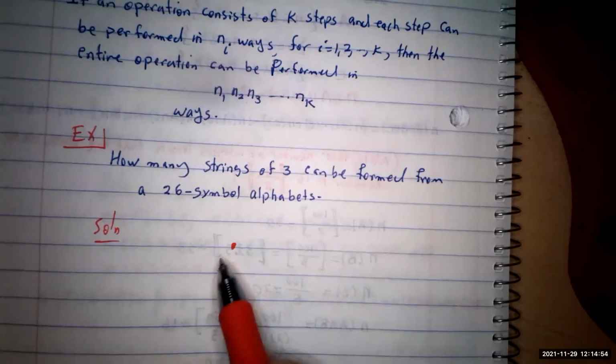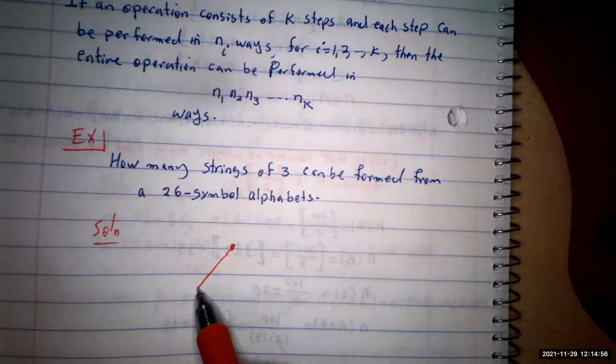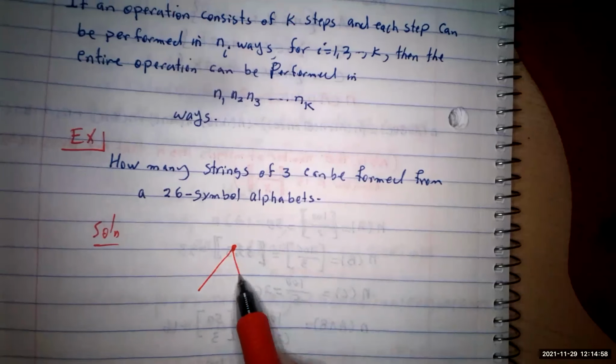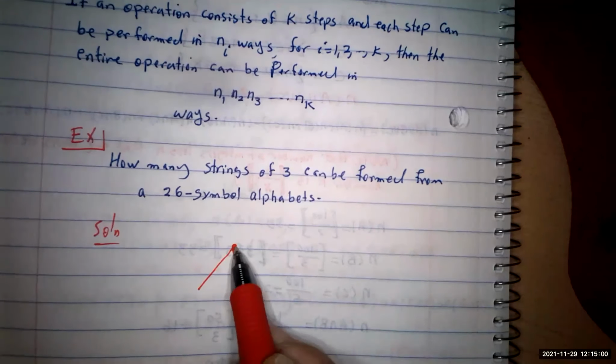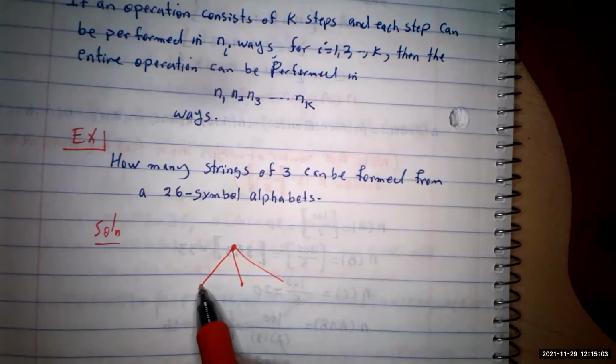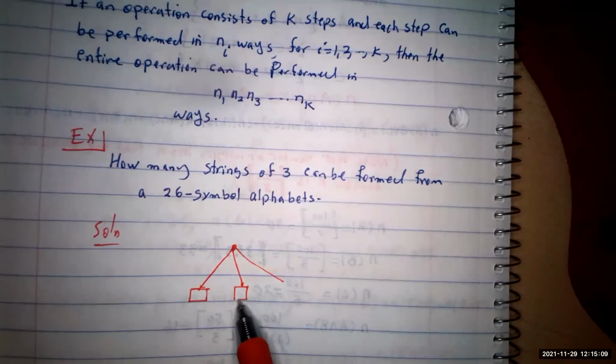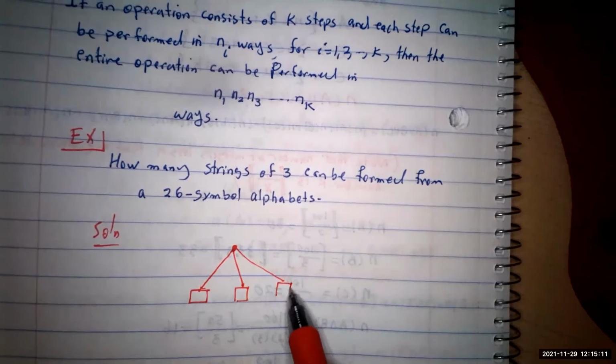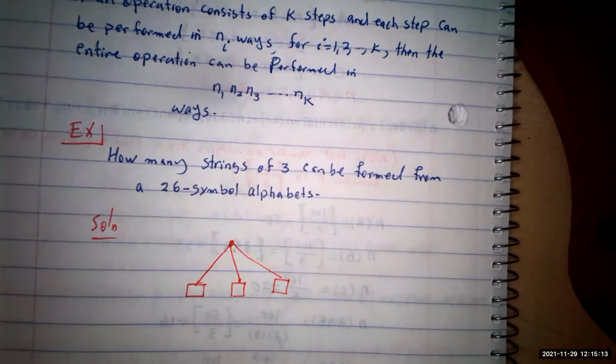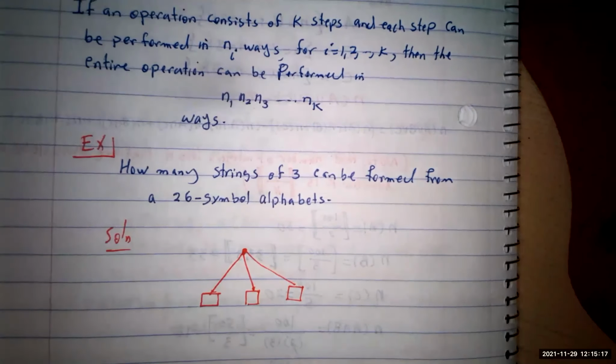What you are going to do is pick one letter here, 2, and 3. These are going to be the boxes, if you like, and you want to put these boxes together. So your source is the 26 letters of the alphabet.